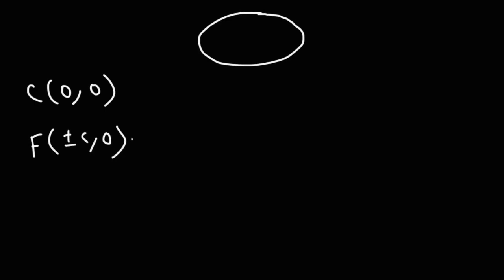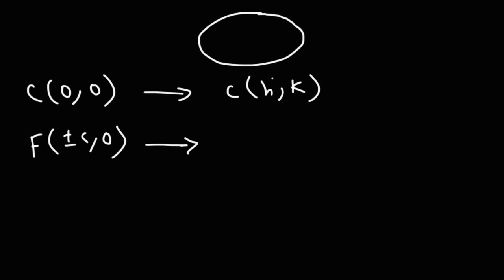Now let's focus our attention on the horizontal ellipse. When the center is the origin, I mentioned that the coordinates of the foci are plus or minus c comma 0. But now when the center is shifted to some point h comma k, the foci will be shifted.